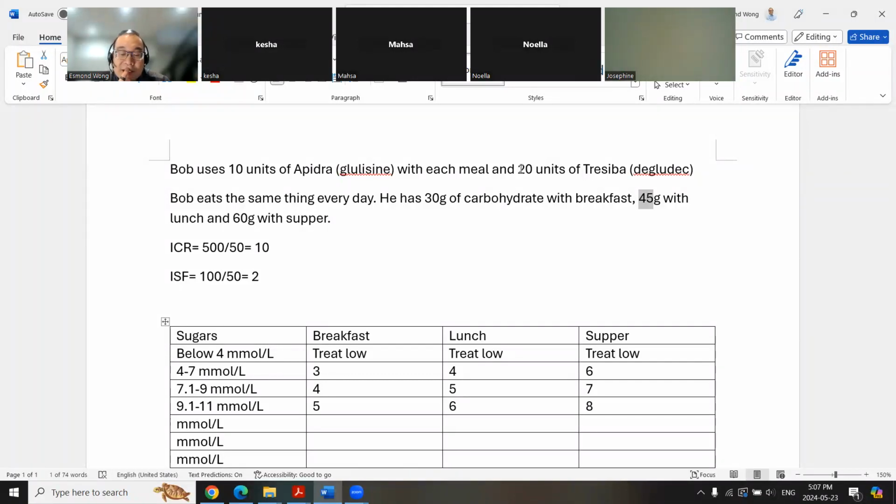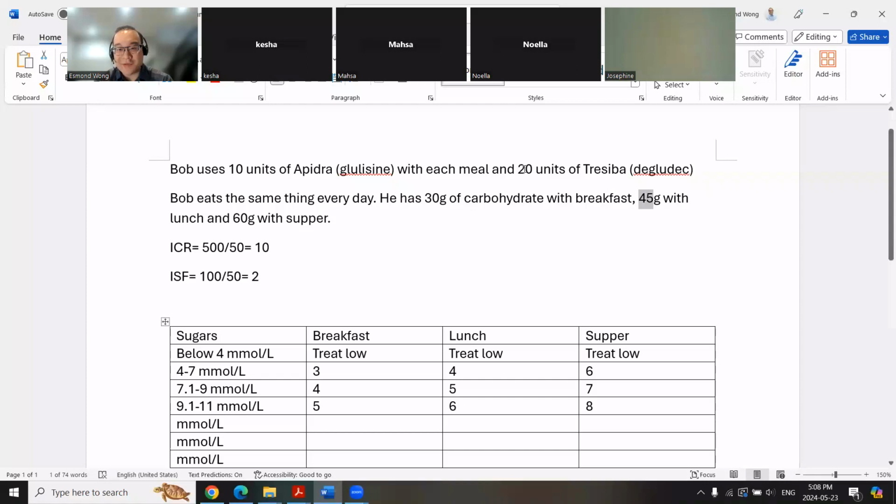Oh, you're right, actually. Sorry, I put that in just to create the total daily dose, but you are 100% right. I just realized that this calculation doesn't work.